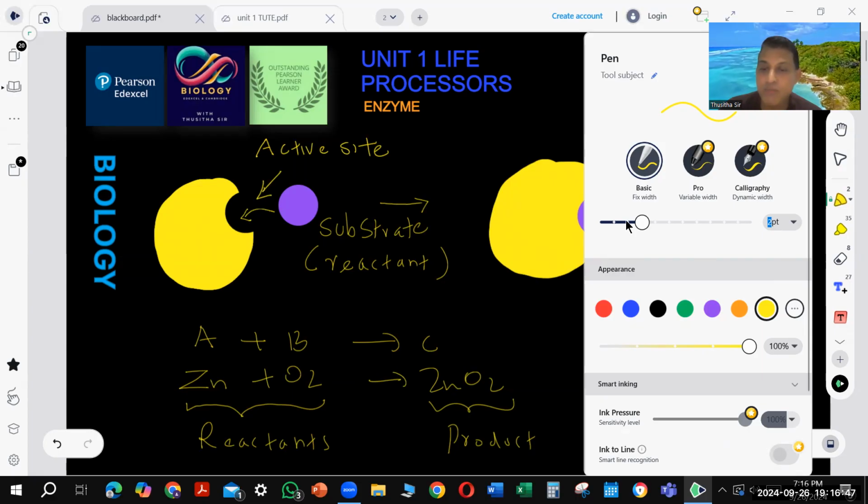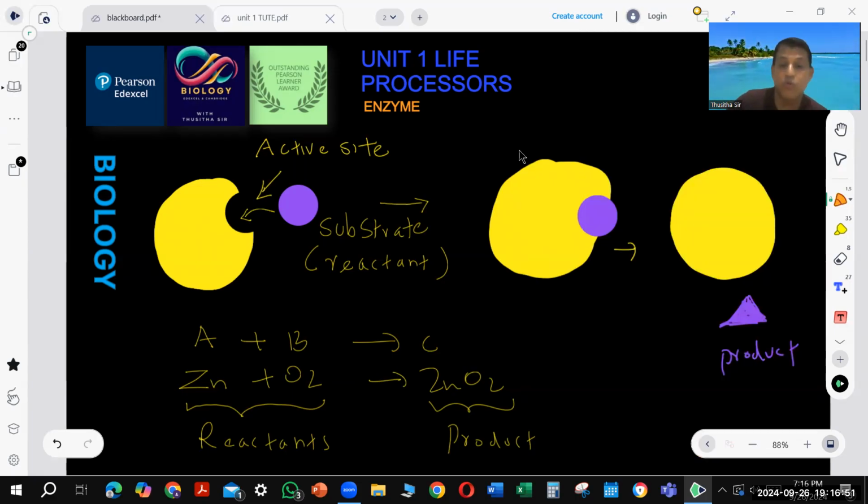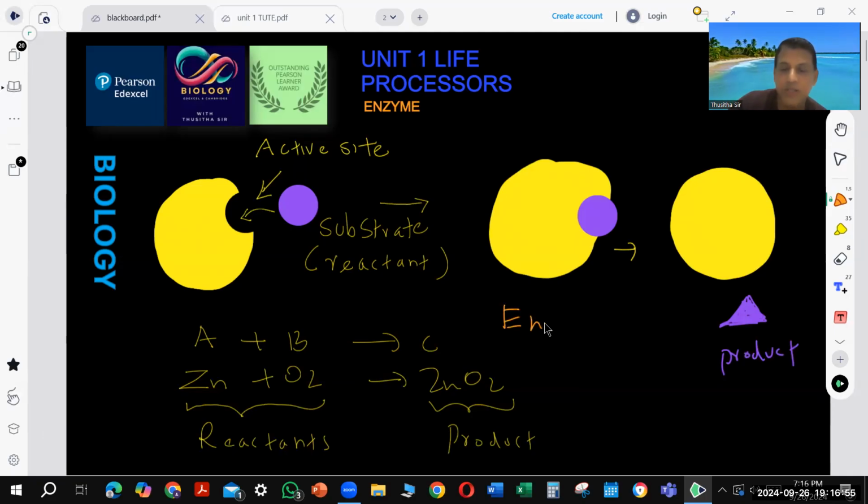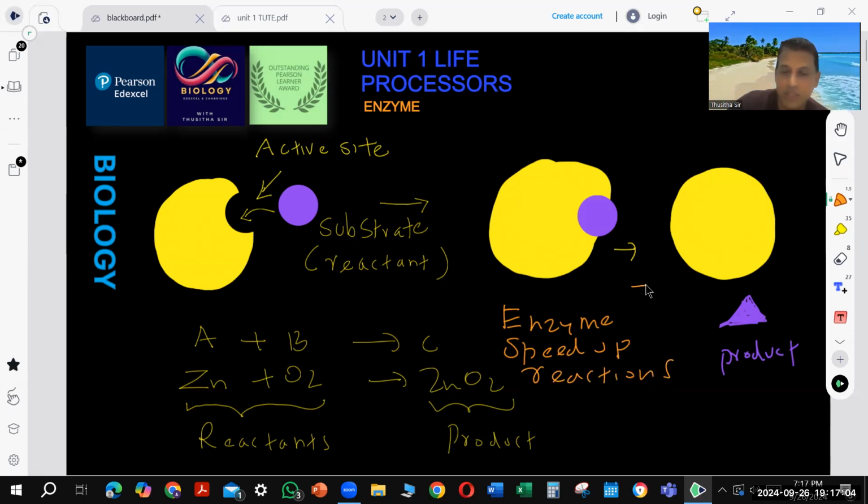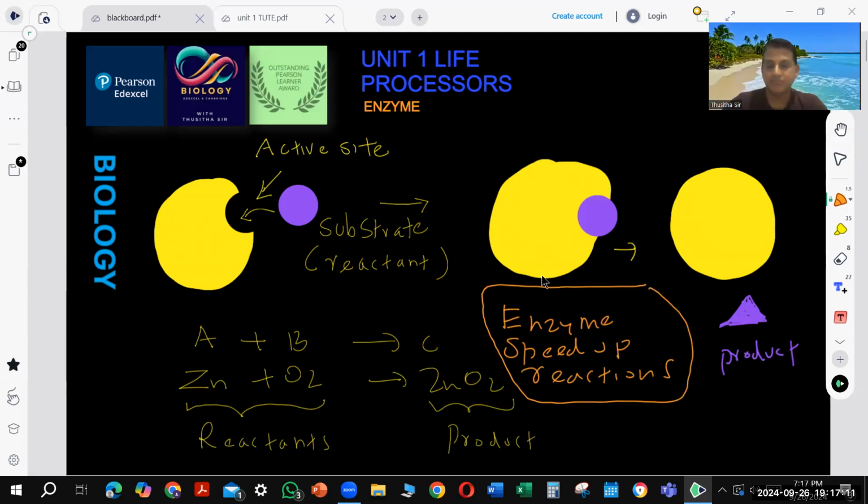So what is the function of the enzyme? This is a very important point: enzymes speed up reactions. So this is the function of the enzyme. Enzymes speed up reactions.